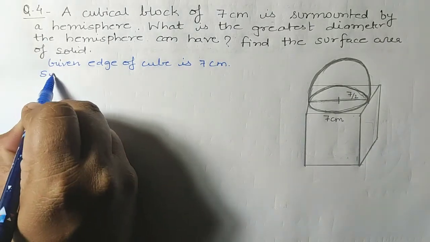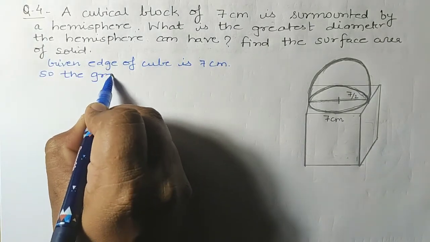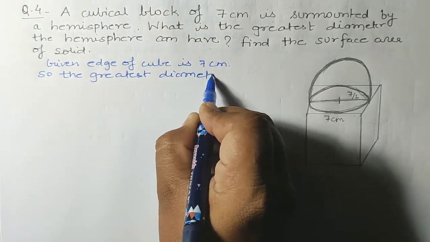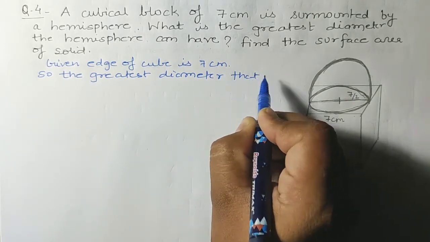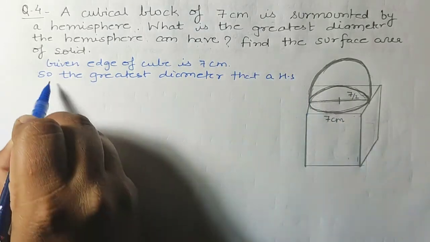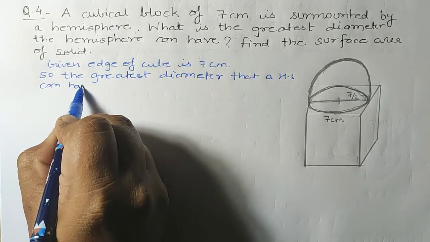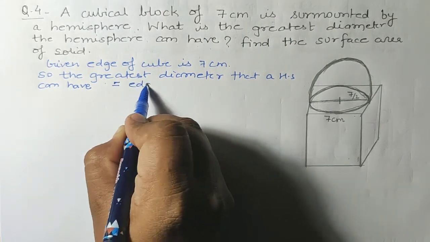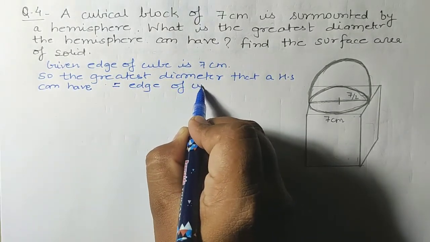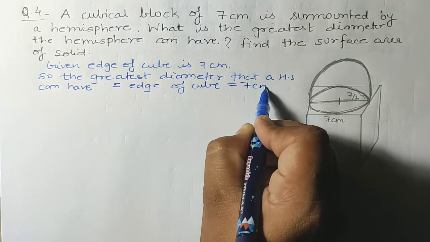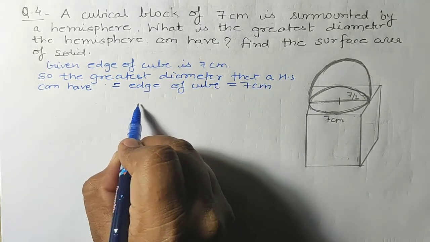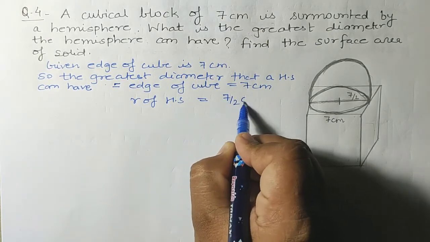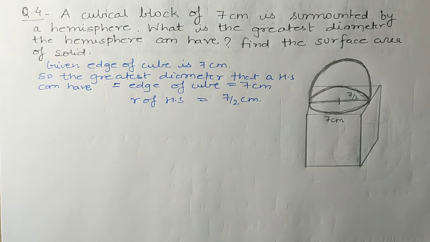So the greatest diameter that a hemisphere can have is equal to the edge of the cube, that is equal to 7 cm. So what will be the radius of the hemisphere? It will be 7 by 2 cm. Are you getting this point?